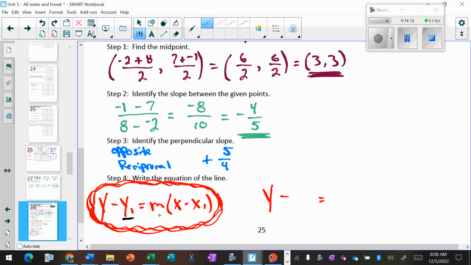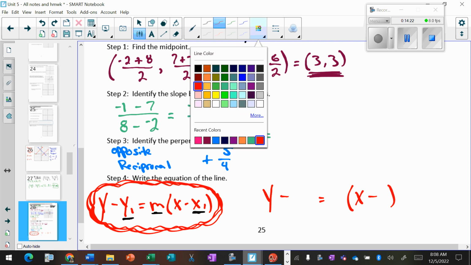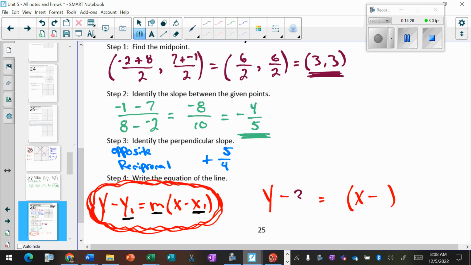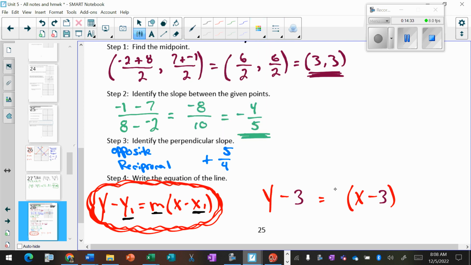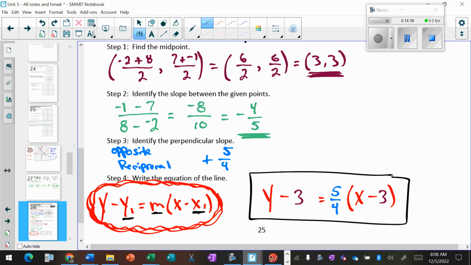So we replace the y1, the m, and the x1 with numbers that come from our midpoint and our perpendicular slope. So our midpoint was the point (3, 3), so y minus 3, x minus 3, and our perpendicular slope goes where the m was, that's positive 5 over 4, and that is the equation of our perpendicular bisector.